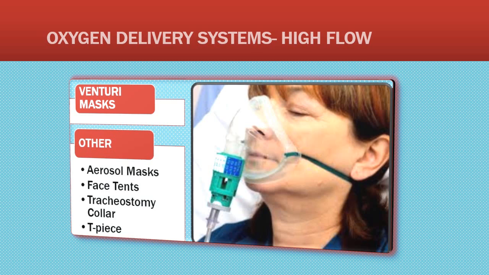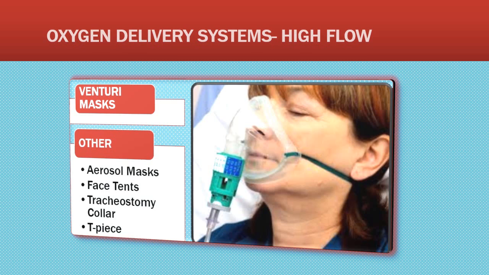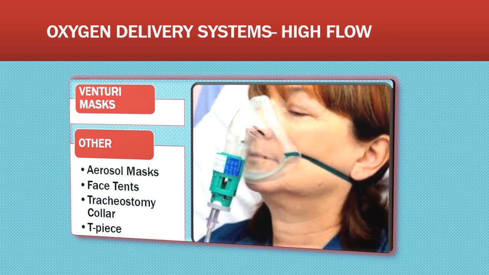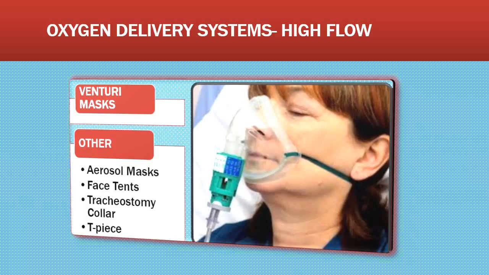A high flow system delivers concentrations from 24% to 100% FiO2 if the flow is between 8 to 15 liters a minute. Your textbook has a very good example that talks about high flow delivery systems. The Venturi mask is featured in this, and you can read a little bit more about that in your textbook.